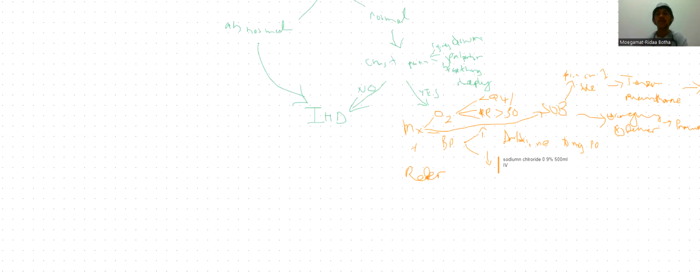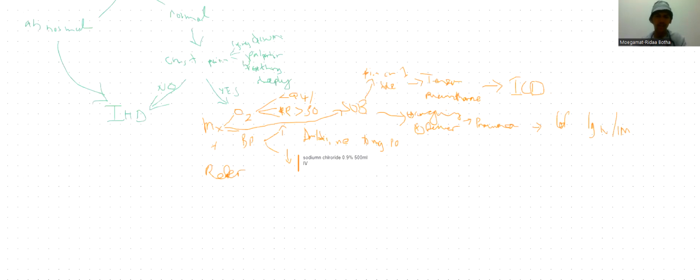Very important, give oxygen if saturation is less than 94. Blood pressure: if it's high, give amlodipine. And what is amlodipine? Amlodipine is a beta blocker. It decreases the blood pressure. If there's hypotension, you give sodium chloride 0.9%, 500 ml IV.